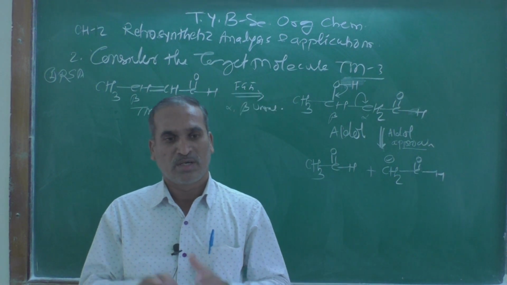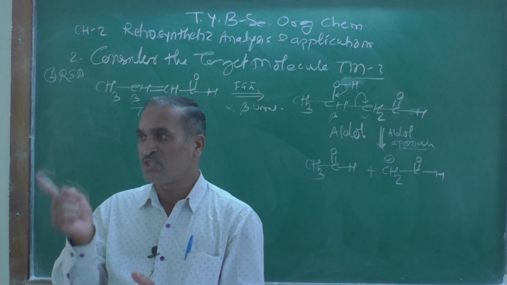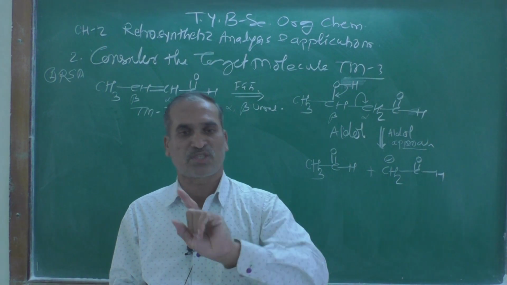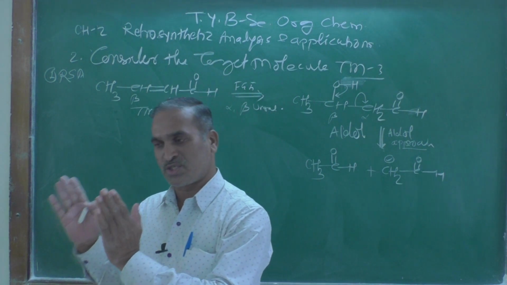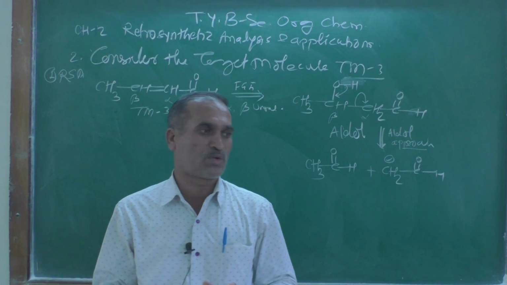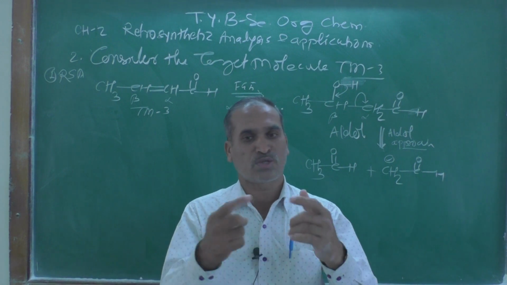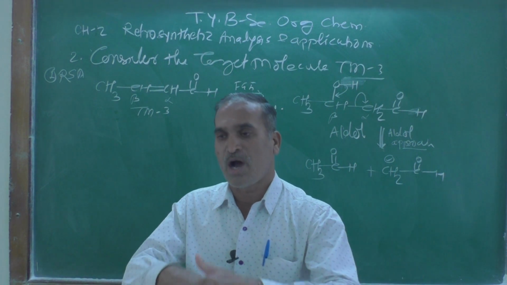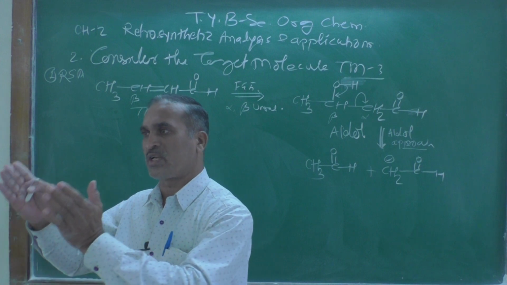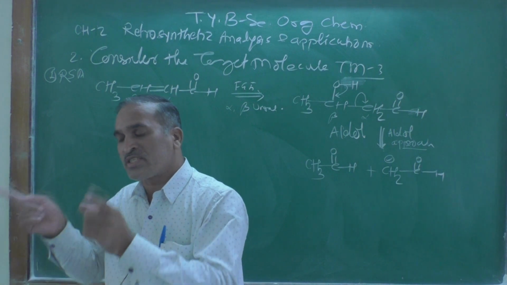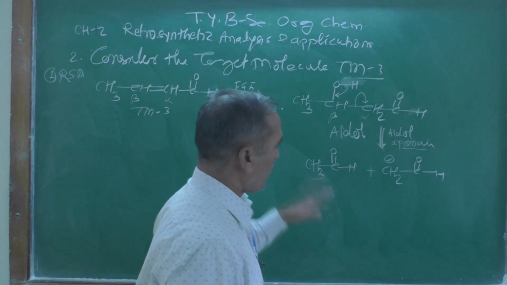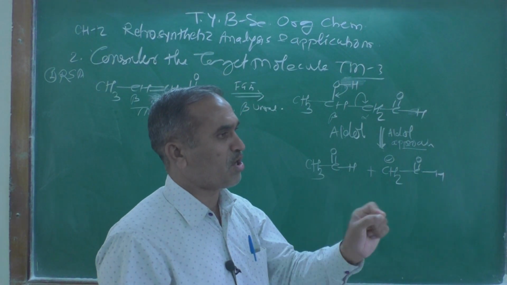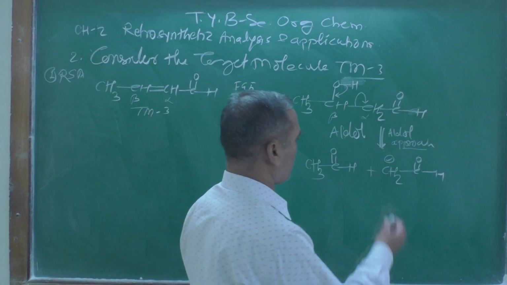A synthon means the species which carries a positive or negative charge; synthons are associated with polarities. After the fragmentation, whatever charged species are obtained are called synthons, and as we know, a synthon must have a synthetic equivalent.